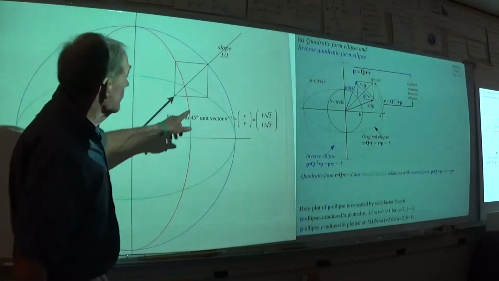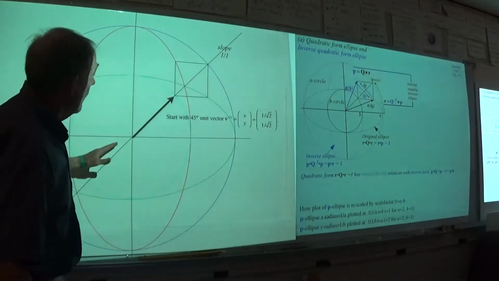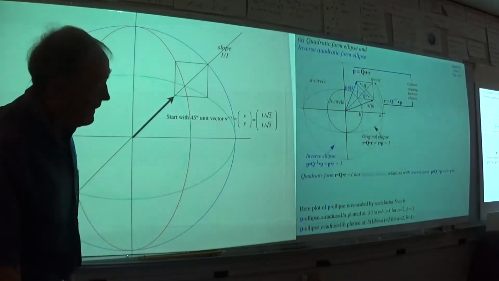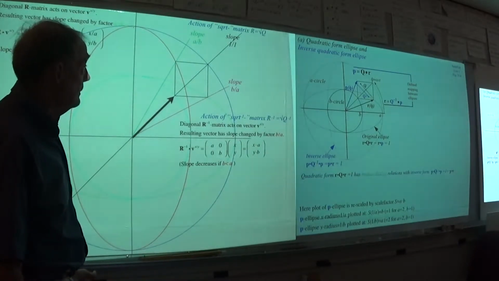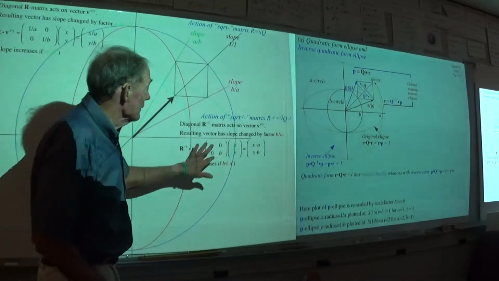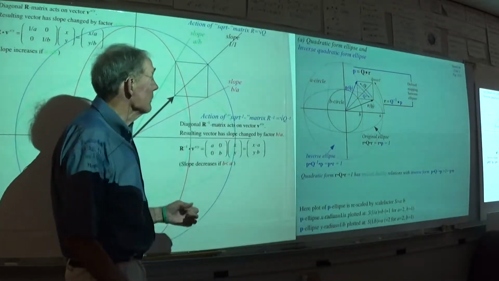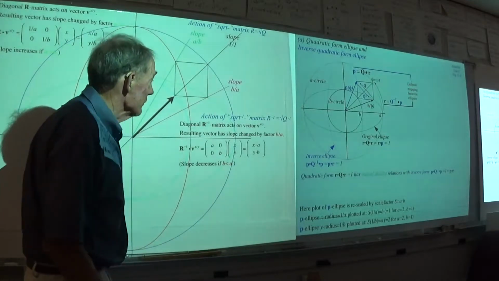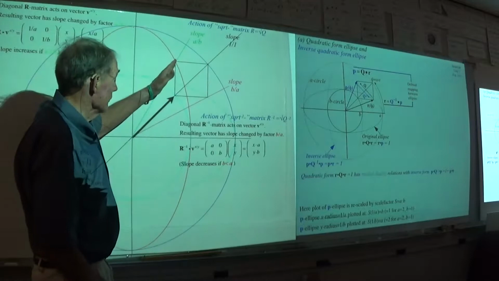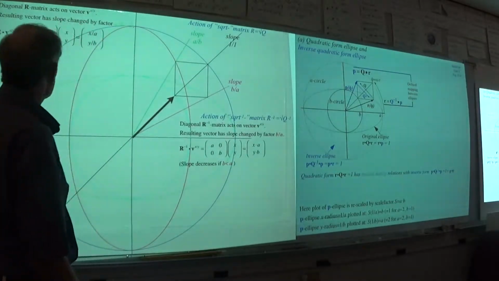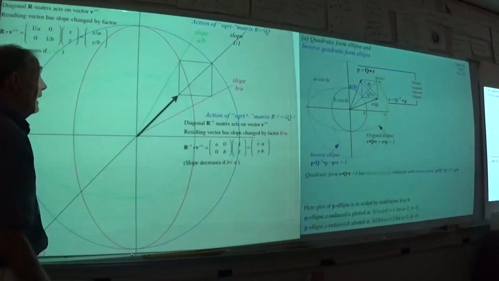Once I've got a particular point on their respective ellipses, draw another vector to that, and that's going to have slope b over a. That's the effect of taking a matrix and multiplying it by a vector, to get something that has a slope that is a ratio of the parameters in the ellipse. And similarly for this one, that's the inverse operating on that same vector x and y.